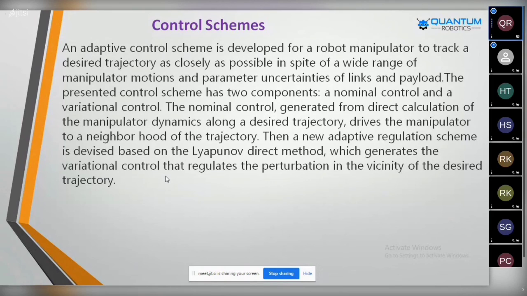Then a new adaptive regulation scheme, based on the Lyapunov direct method, generates the variational control that regulates the perturbation in the velocity and describes the trajectory. The variational control system is executed in a particular task over a variance of time.